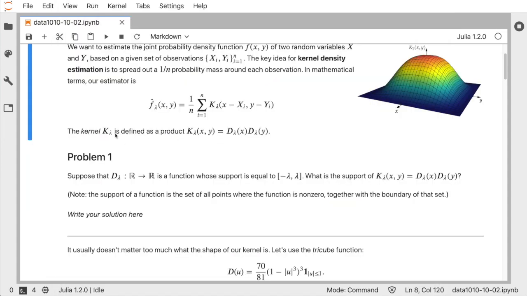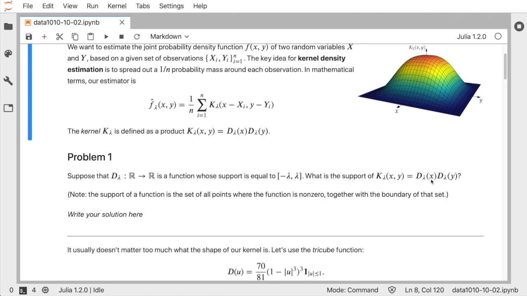So if we assume that our function k lambda is defined to be a product of two functions, one depending only on x and the other depending only on y, and if the function that we're plugging x and y into, called d lambda here, has support equal to minus lambda to lambda, in other words, it's 0 outside this interval and it's non-zero inside, then the function k lambda is going to have support everywhere that both x and y are between minus lambda and lambda.